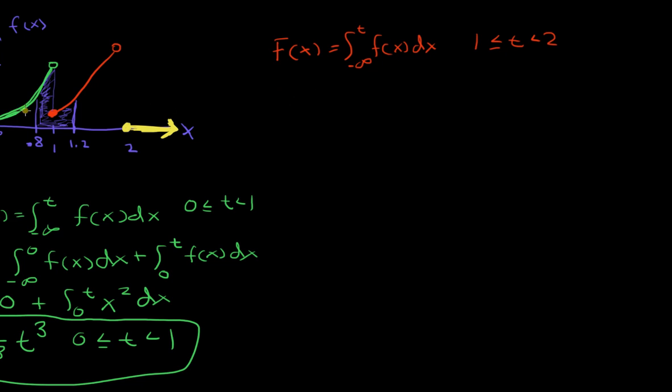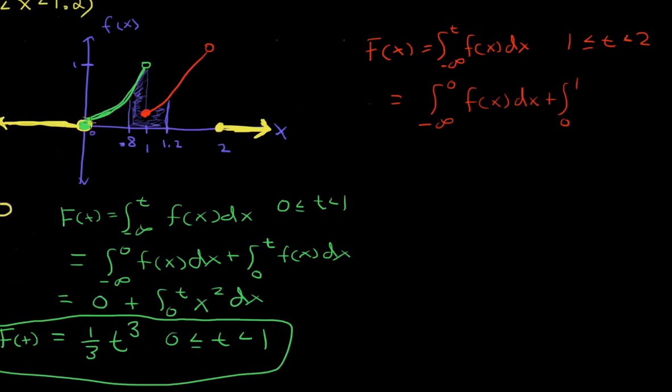Okay, so we need to consider all the different pieces of this integral using the addition rule for integration. We go to 0. Then we go from 0 to 1, right? Because if t is more than 1, we've covered all this green area, so we go from 0 to 1 now of f of x dx, and then we go from 1 to whatever value t is going to take, right?